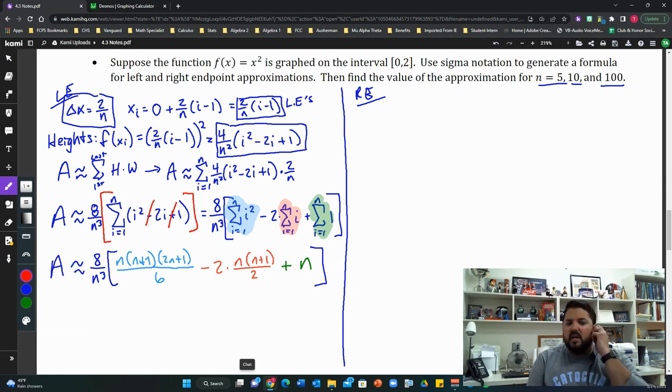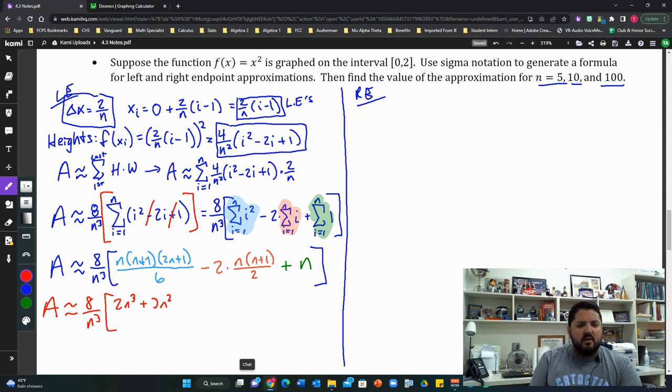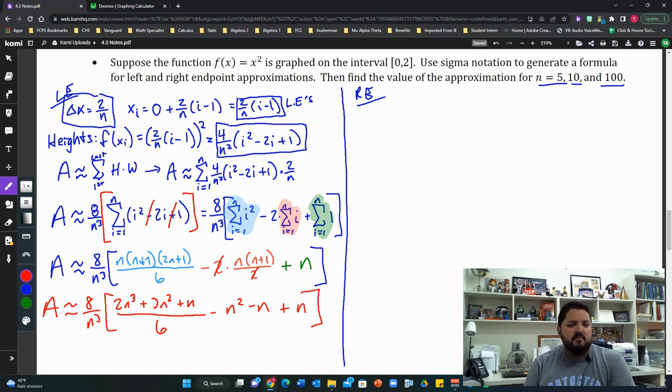If I multiplied all of the stuff in the top together and expanded all of that polynomial, keeping 8 over n cubed out in front for right now, this would end up being 2n cubed plus 3n squared plus n, all over 6. And then here, these 2's are going to cancel each other out, so we just end up with n squared, but it's a negative, so I'm going to distribute the negative: minus n, and then we still have the plus n at the end.